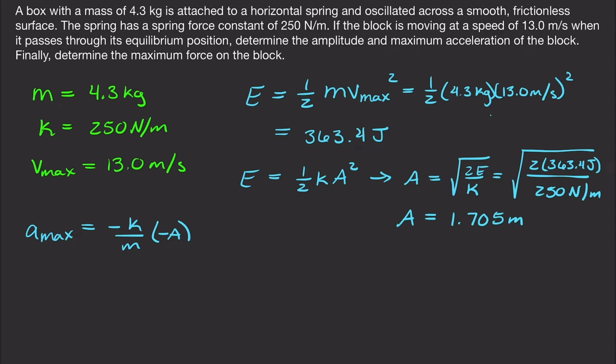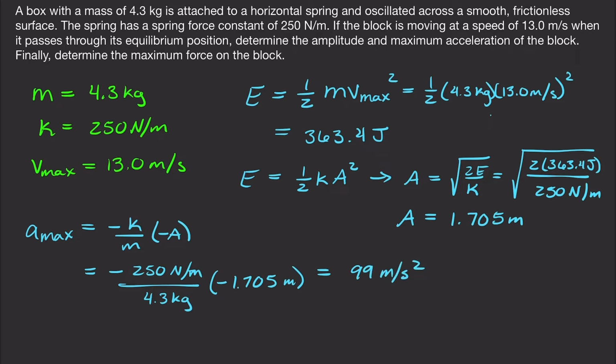But we need to plug in minus the amplitude for our displacement. So this will be minus our spring constant k, 250 newtons per meter, over 4.3 kilograms, times minus 1.705 meters. So our maximum acceleration is 99 meters per second squared.